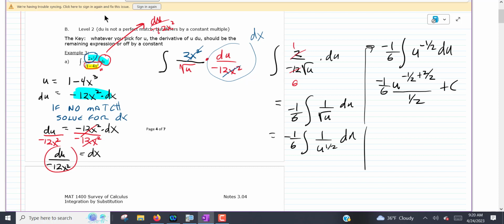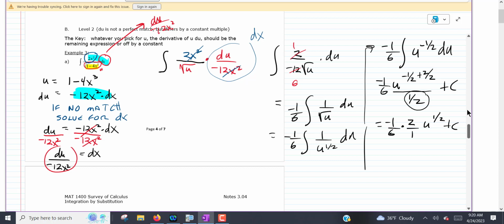Okay, so I'm going to have negative 1/6. Again, when you divide by a fraction, you're really multiplying by the reciprocal. So just write that as times 2 over 1. Then we have u to the 1/2 plus c, and then we're almost done.